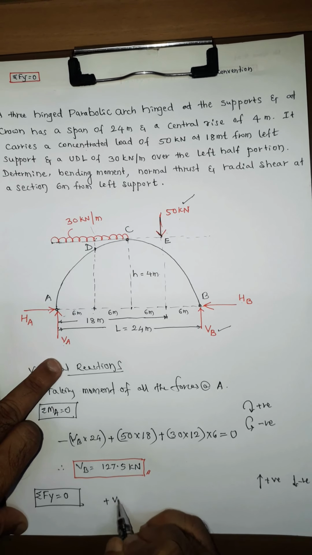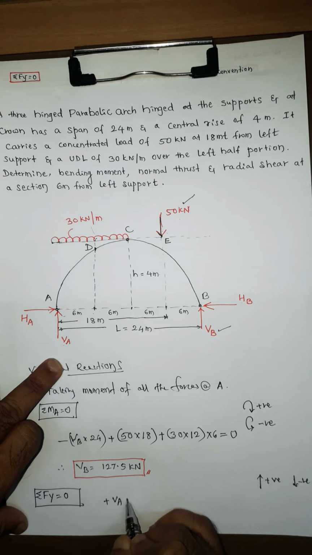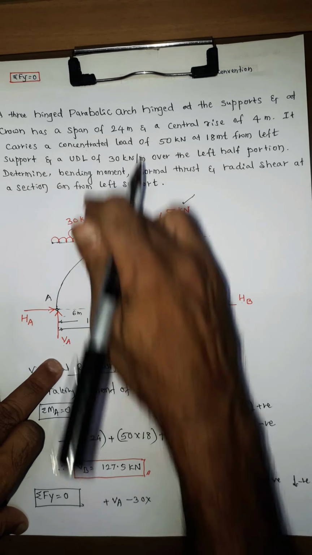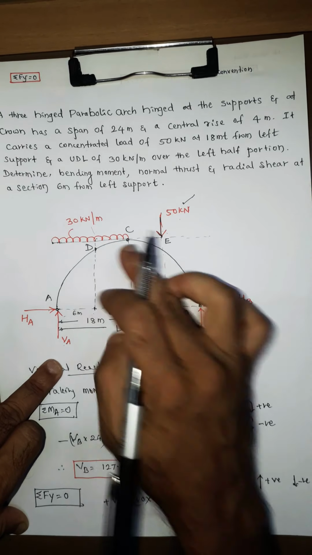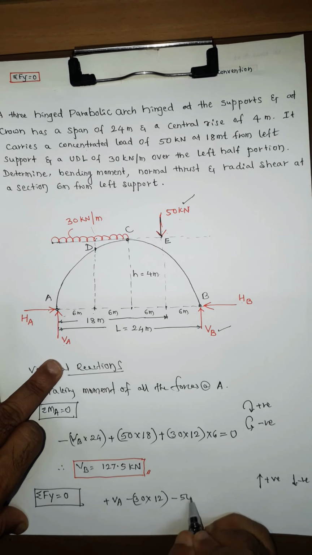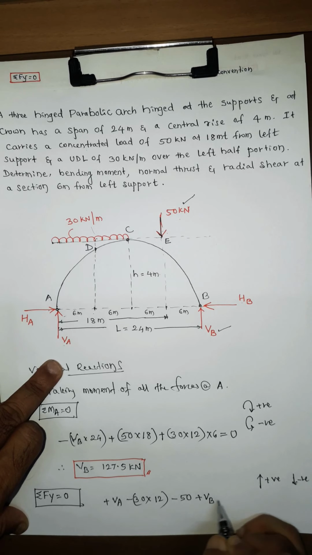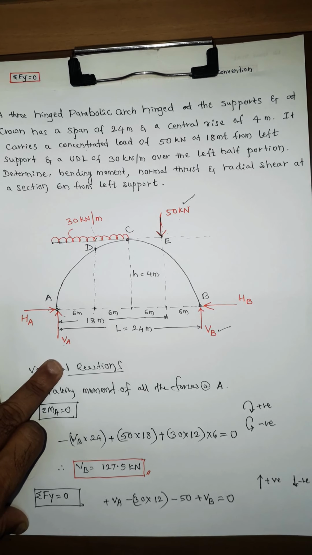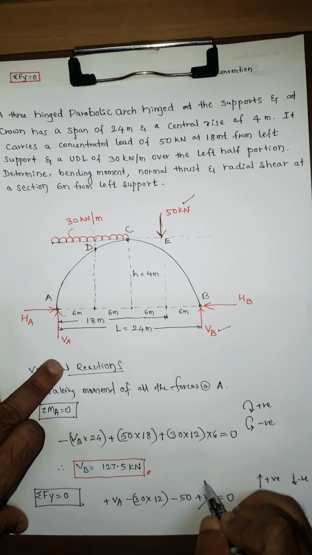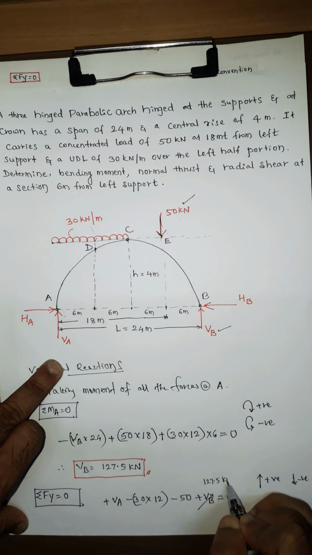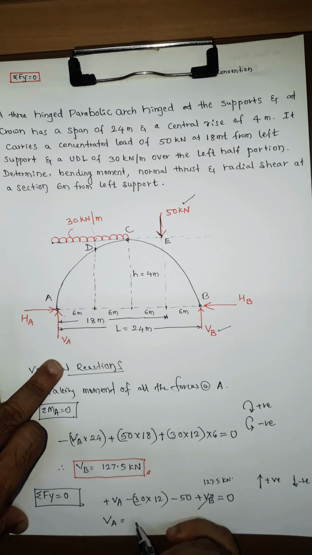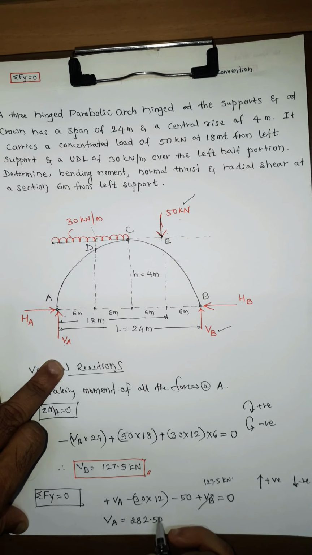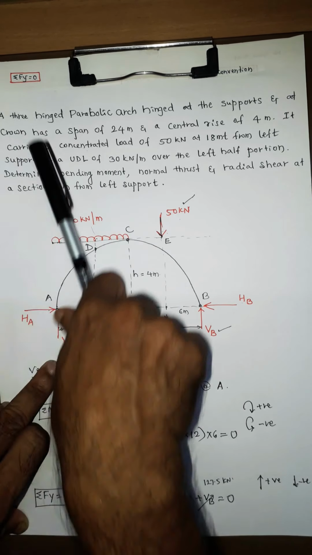So plus VA, then minus 30 into 12, then minus 50 plus VB, this is equal to 0. The value of VB is already known, that is 127.5 kilonewton. From this we can find out VA is equal to 282.50 kilonewton reaction.